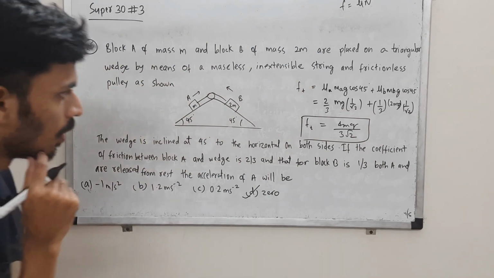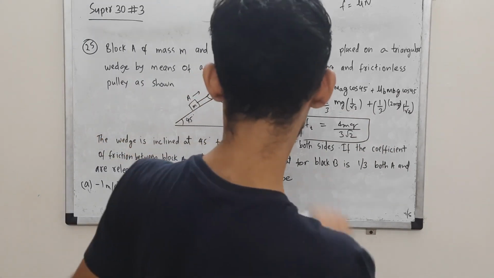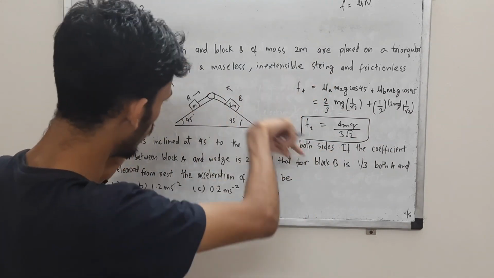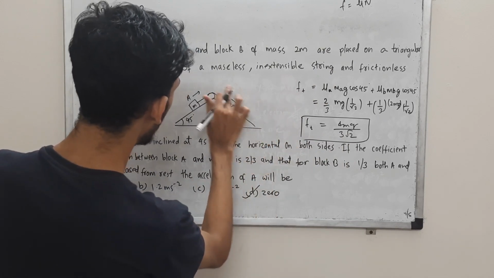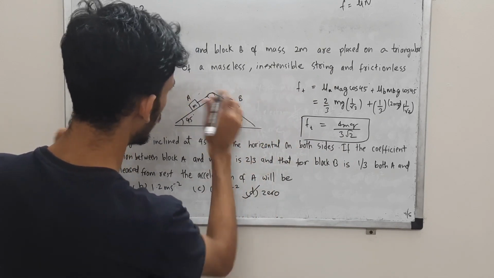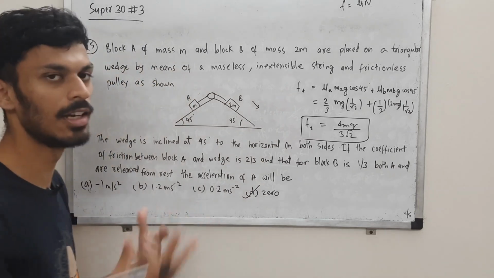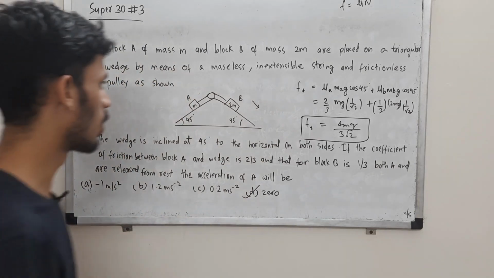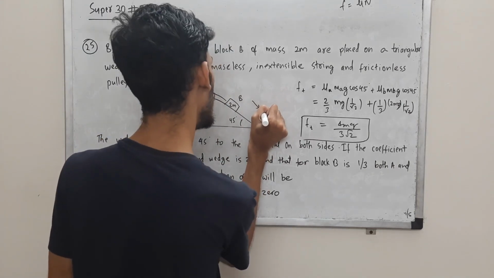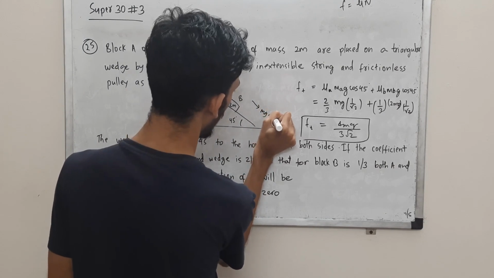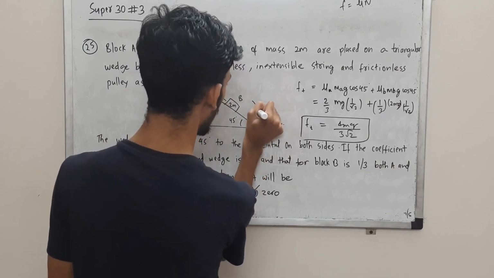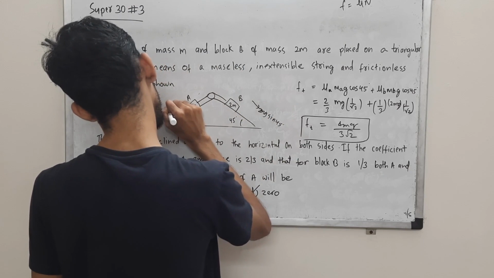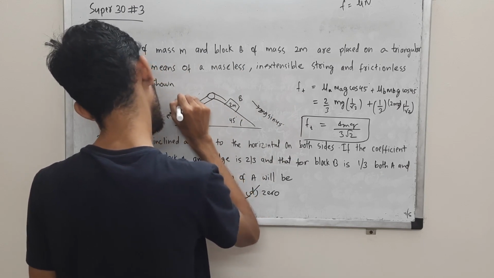So your net pulling force will be 2 mg. If you assume it will move like this, the net force will be 2 mg. Tension is an internal force, it will not contribute, so you only have to look at the net force. So this is 2 mg sin 45, and this is mg sin 45.